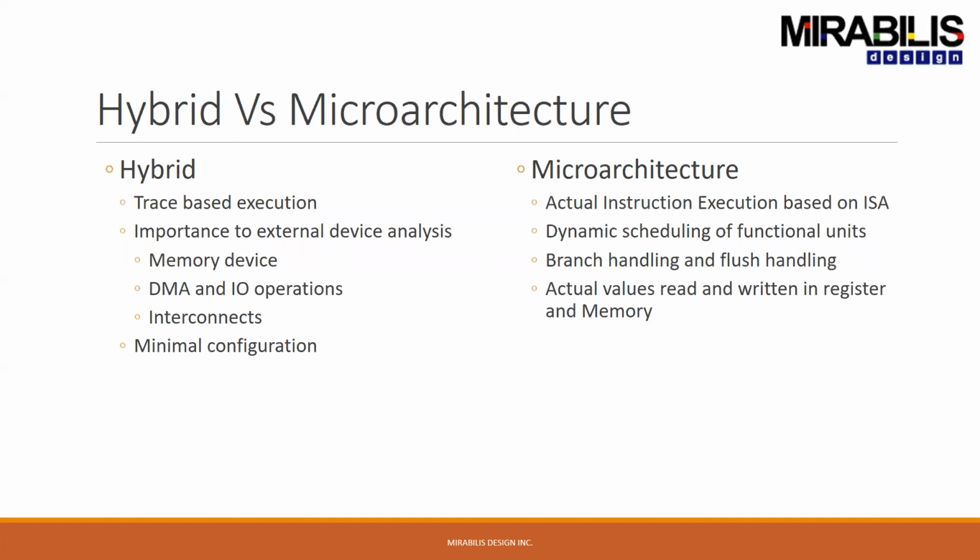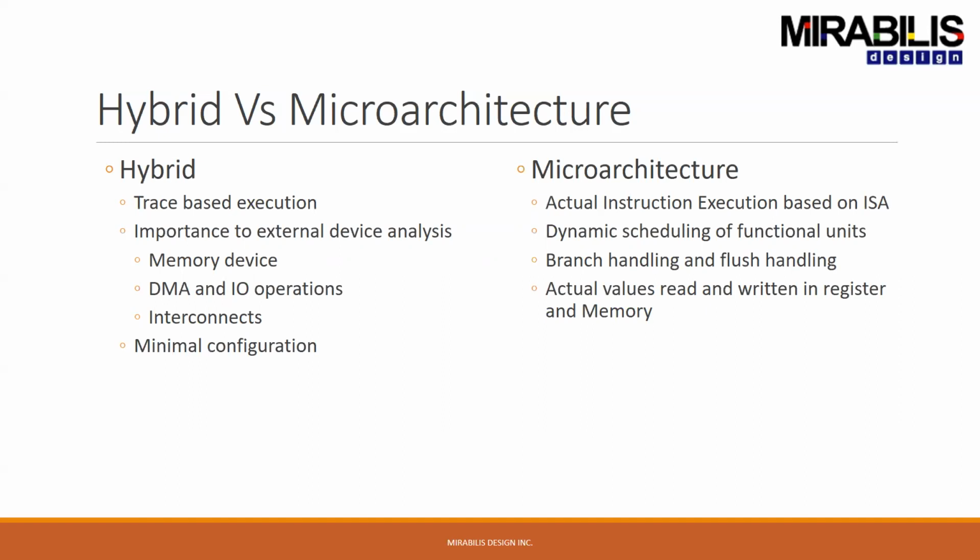VisualSim has a hybrid processor library and a microarchitecture design library. Both are used for emulating the processor, but each has its own purpose and advantages. The hybrid processor library performs trace-based execution, while the microarchitecture library performs dynamic instruction scheduling, actual instruction execution, and the branch flow handling within the pipeline stages.